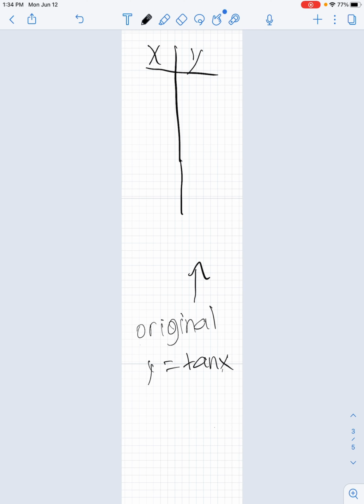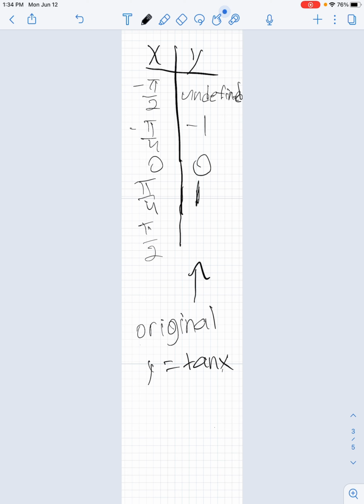The original points on graph are negative pi over 2, comma, undefined, negative pi over 4, comma, negative 1, 0, comma, 0, pi over 4, comma, 1, pi over 2, comma, undefined. And that is how the original line looks like for y equals tan x.